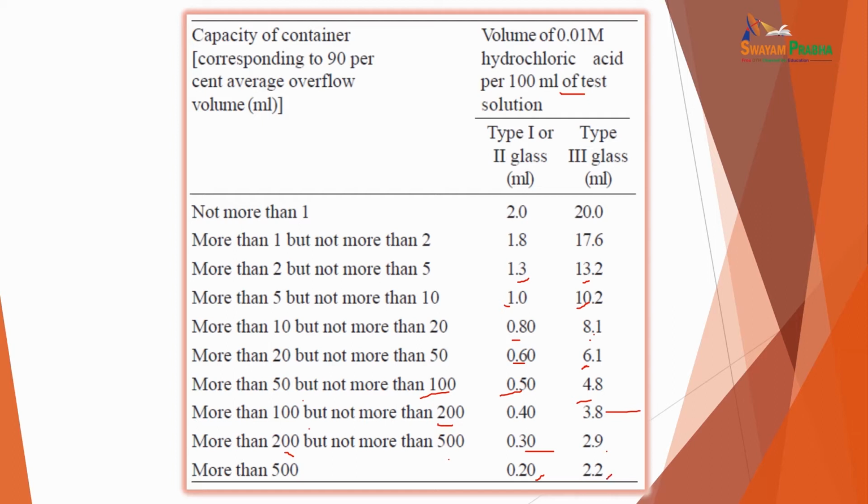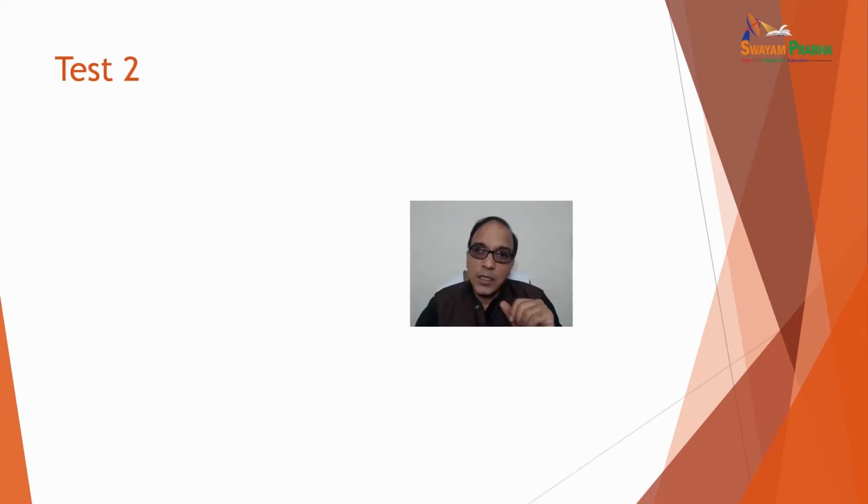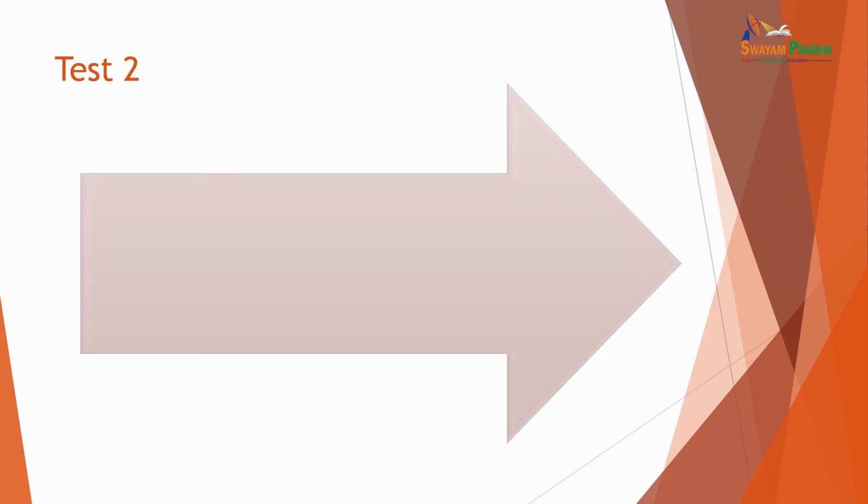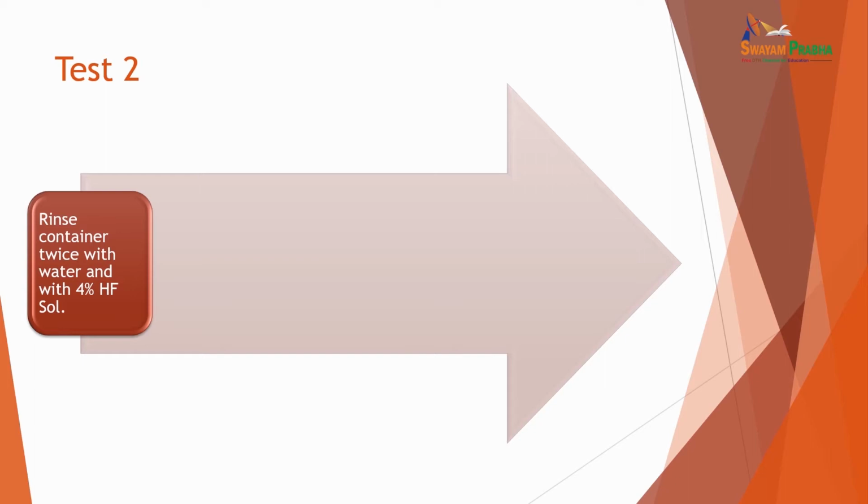This was all about the maximum volume of 0.01 N HCl per 100 ml of test solution which was required in the titration. Now moving to test 2. What is test 2? You have to rinse the container twice with water and with 4% volume solution of hydrofluoric acid, HF.